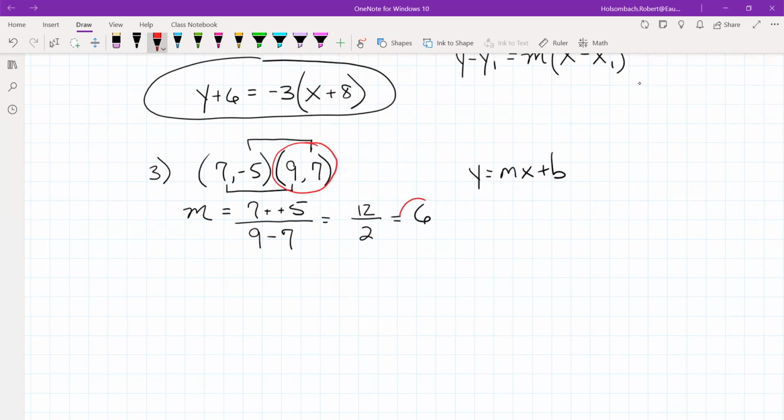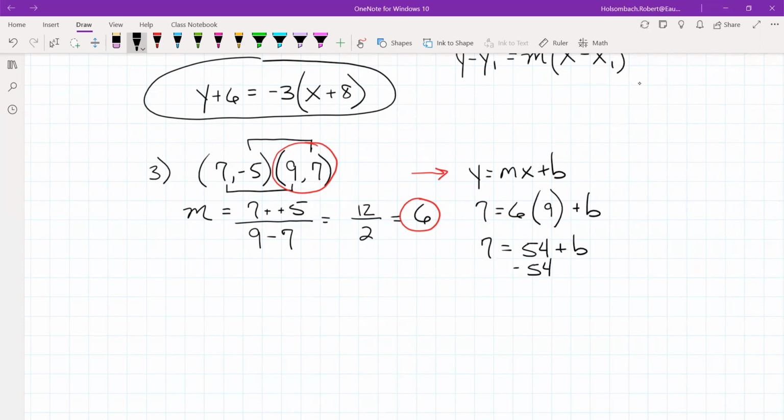And I'm going to use the m, plug them into this equation, and solve for b. So my 7 equals 6 times x, which is 9, plus b. So 7 equals 54 plus b.